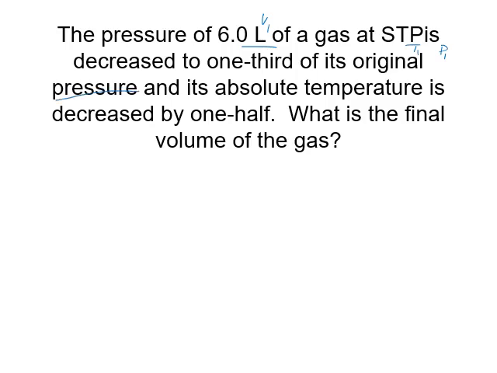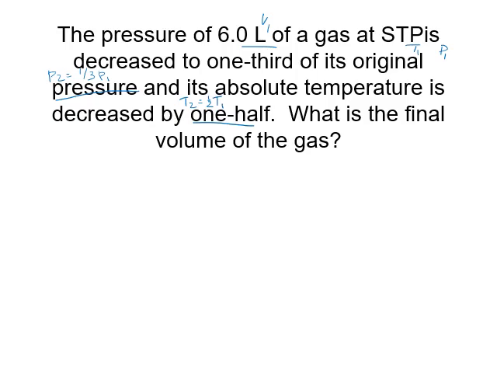So I know that pressure 2 is 1/3 of pressure 1, and I know that 1/3 of pressure 1 is 1 atmosphere, so it's really going to be 0.333 atmospheres. And its absolute temperature is decreased by 1/2, so that means that the second temperature is 1/2 of the first temperature.